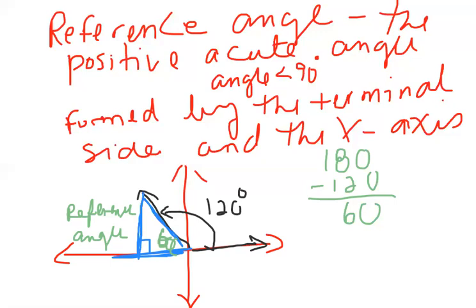Now, let me go ahead and show you one more, but this time we're going to do it with a negative. So this time around, let's say we have the XY plane here, and then here's the initial side on the x-axis, and then the angle is going to go over here. All right, notice we're going clockwise, so this is going to be a negative angle, and be 150.